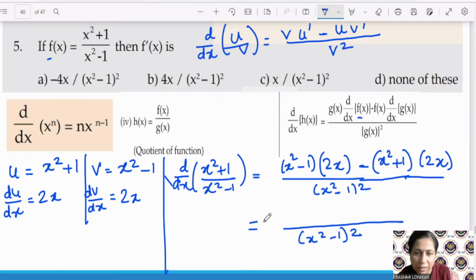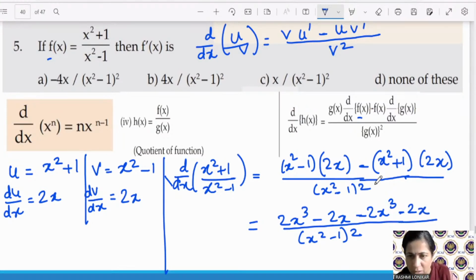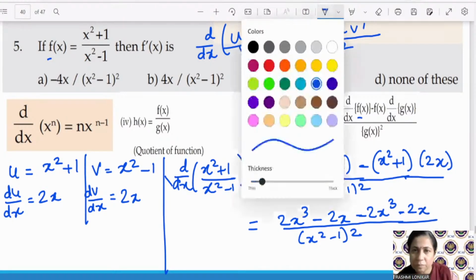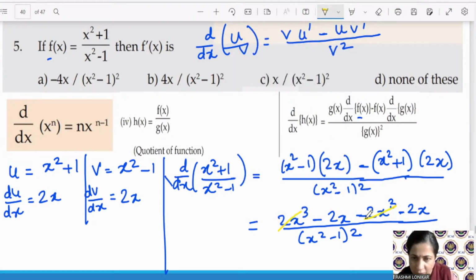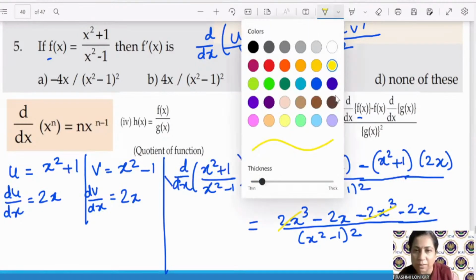I expand the bracket. This becomes 2x cube minus 2x minus 2x into x square, 2x cube. 2x into plus x plus 1 is 2x, with the minus sign it becomes minus 2x. So this 2x cube will cancel with this 2x cube, but this is minus 2x, so please don't cancel it.